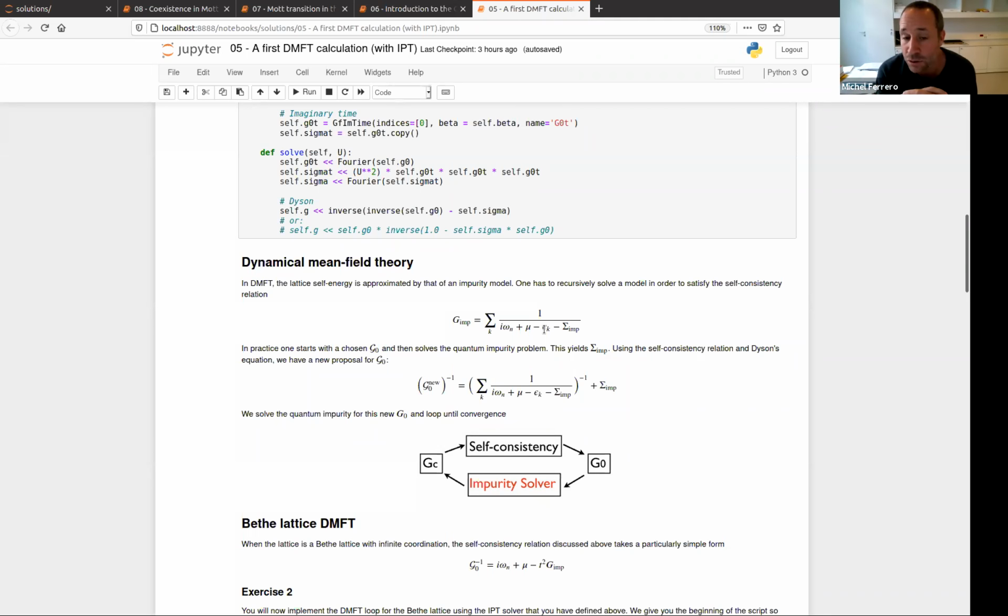So there's a tool which has been developed, which is called DMFT plus DFT, and there are many variations of it, which aims at giving really quantitative results that can be compared with experiments.